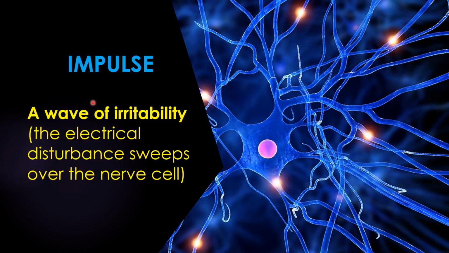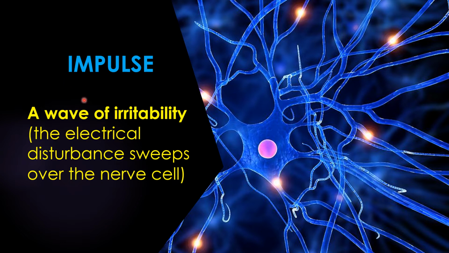The next term, that is impulse. What is impulse? Impulse is a wave of irritability or the electrical disturbance that sweeps over the nerve cell. Here you can see the electrical disturbance sweeps over the nerve cell. How does it happen? It is happening due to the activity of stimulus.